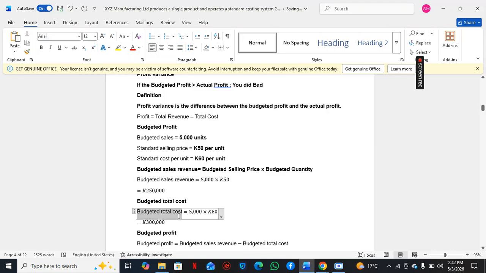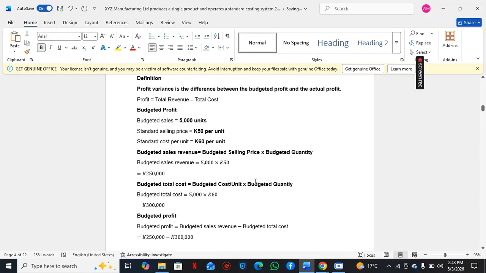The budgeted total cost is budgeted cost per unit multiplied by budgeted quantity. So 5,000 units times 60 kwacha per unit, 300,000 kwacha.